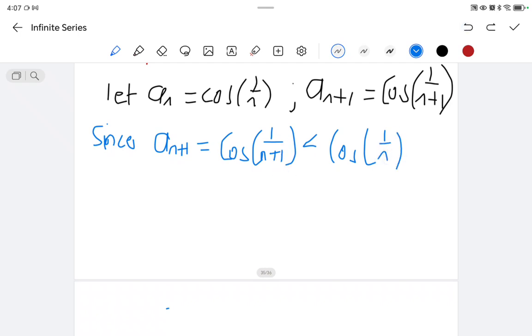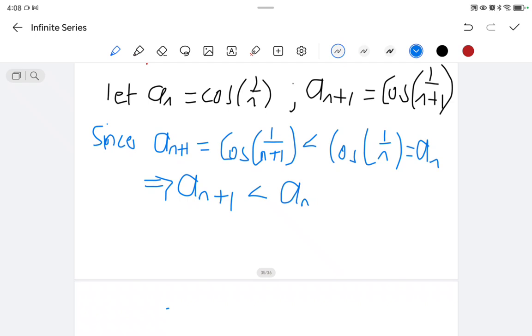And what is this? A of n. This would imply that a of n plus 1 is less than a of n. So we're done checking this.